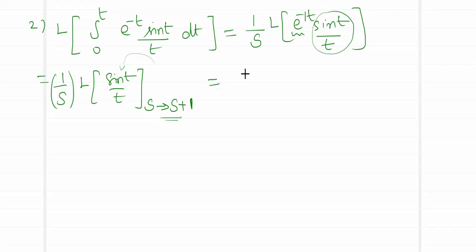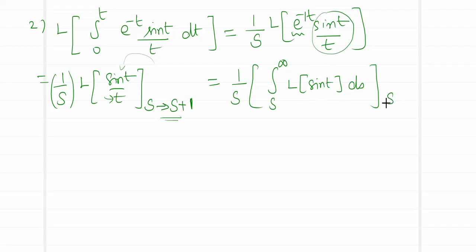So now the next stage, 1 by s. Now I will have to go for the next value to be considered, division by t. What does division by t say? I will have to integrate from s to infinity the Laplace of the leftover quantity with respect to ds, and the answer which I get has to be shifted to s plus 1. Now, let me move to the next stage.